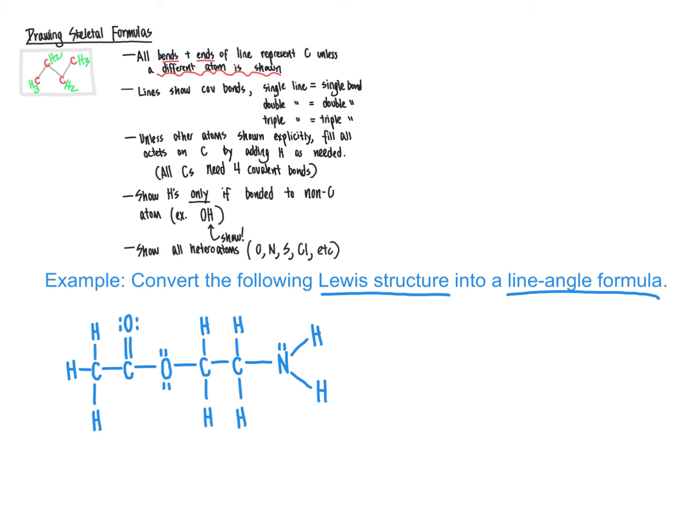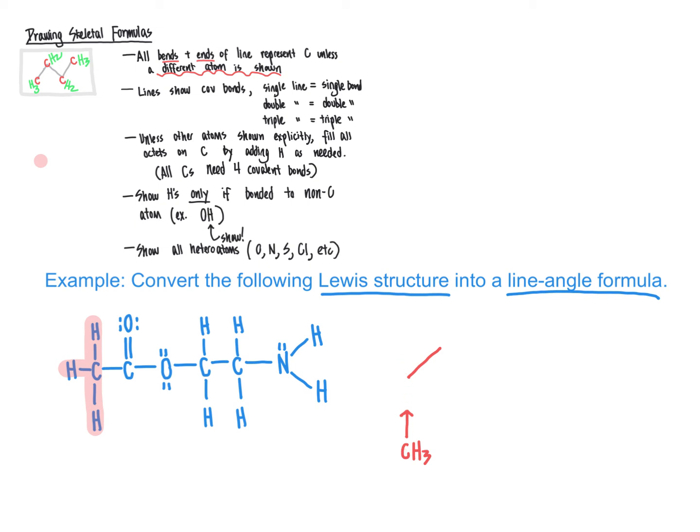So we can show this as the end of a line here representing a carbon atom. Right there, where I've got the arrow pointed, would be our CH3 group from our starting structure. What I am highlighting in pink in our starting structure will be represented by that left-hand end of the line right here as our CH3.